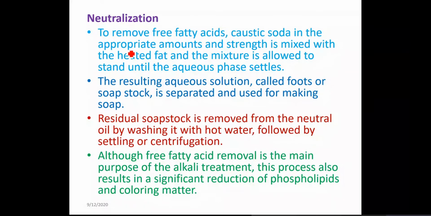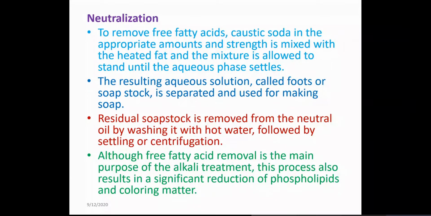Why am I saying an appropriate amount? Because some seeds might be very fresh, and then they might not have a very high amount of fatty acid generated. Generally, the big, good multinational companies tie up with the farmers. The moment the harvesting is done, they take those seeds and process them, and storage is not recommended. So caustic soda in the appropriate amount is required.